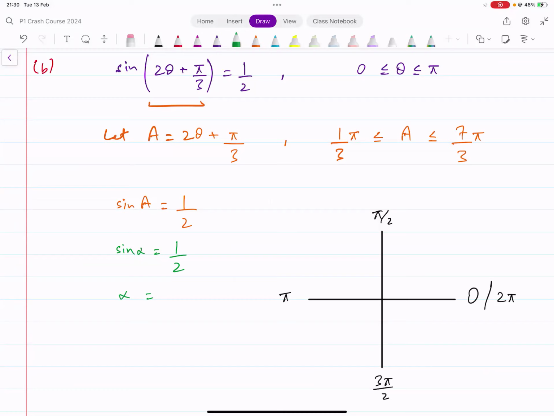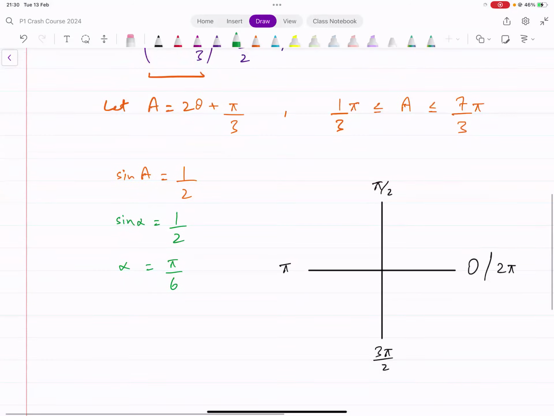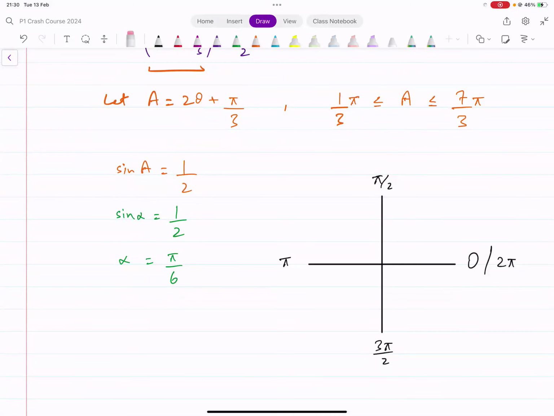So the basic angle is going to turn out to be pi/6. Okay. Now sine is positive. Sine is positive in the first quadrant or in the second quadrant. These are the two quadrants where sine is positive. So it's either here, this is alpha, or this is alpha. So say this is pi/6, or this is pi/6 here.